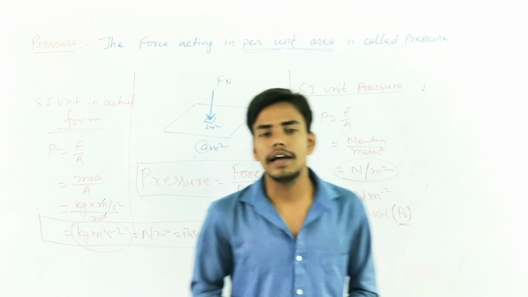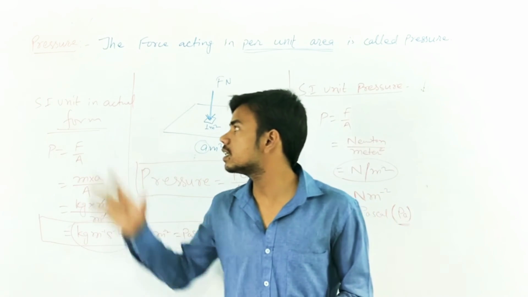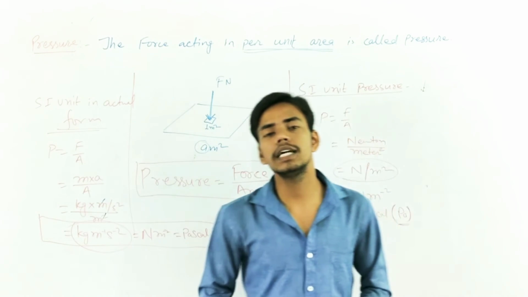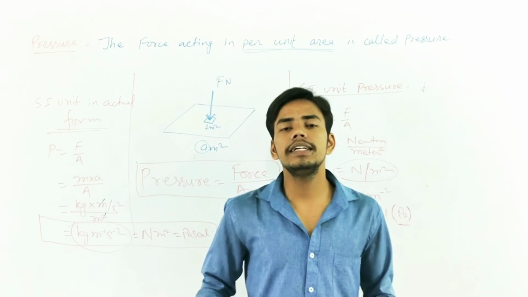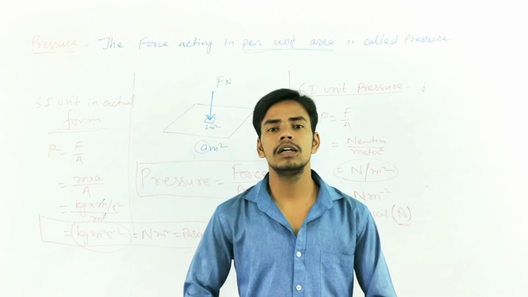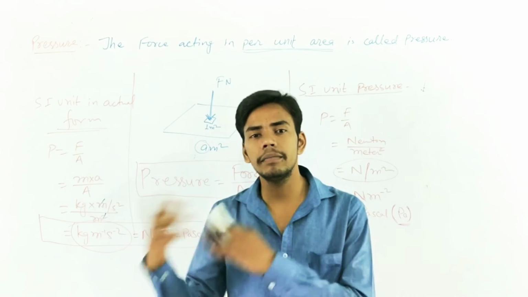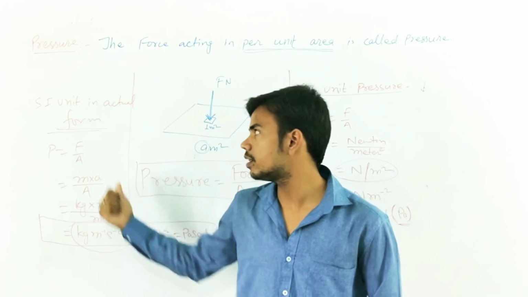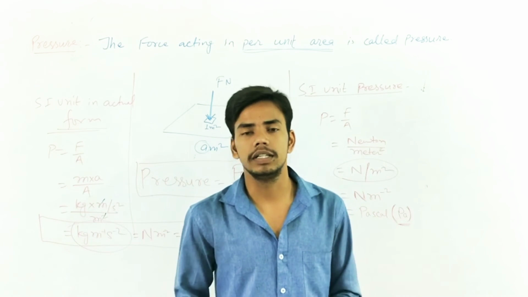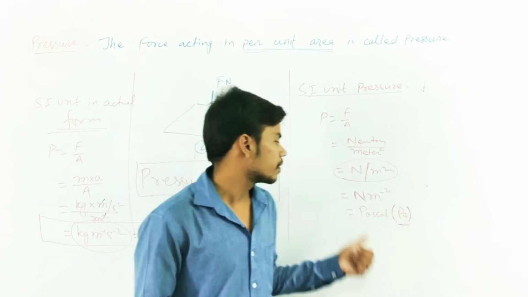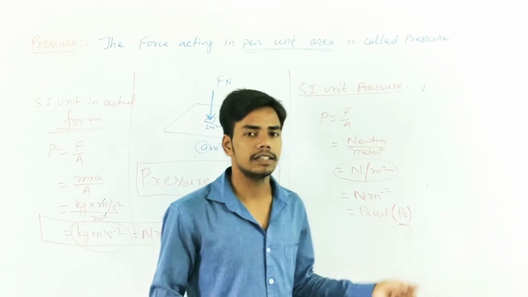I hope it is clear to you. It is the actual SI unit. Actual SI unit means the SI unit represented in particular fundamental physical quantities; that is called the actual form of the SI unit. Otherwise we can also say Newton per meter square or Pascal.